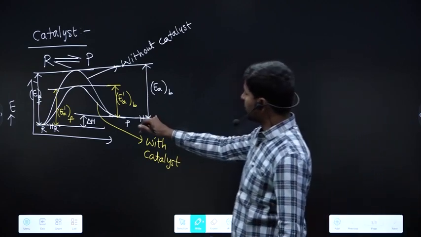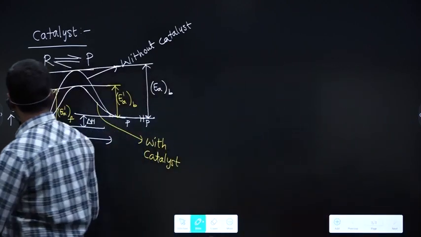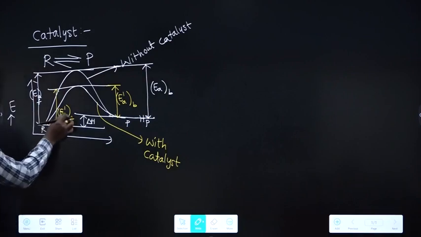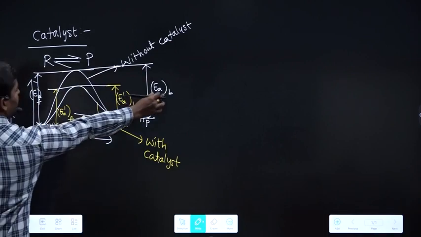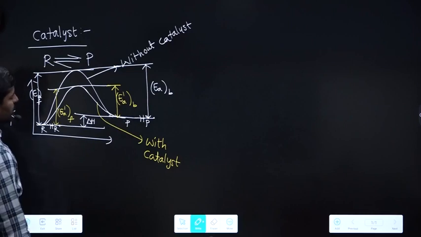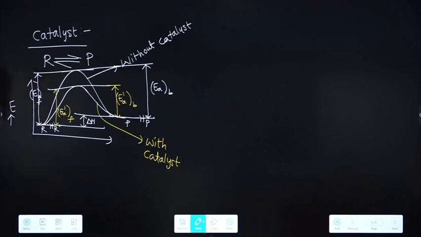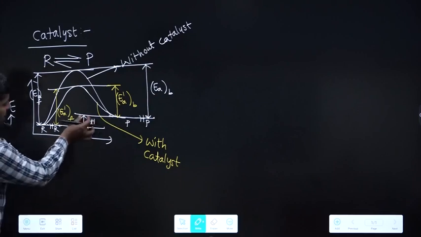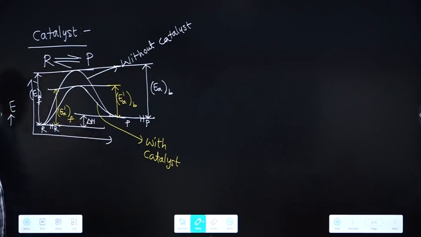Okay, this is enthalpy of products, enthalpy of reactants, EAF, EA dash F, EAB, EA dash B: activation energy for forward and backward reactions with catalyst and without catalyst. And this is the change in energy during the reaction.